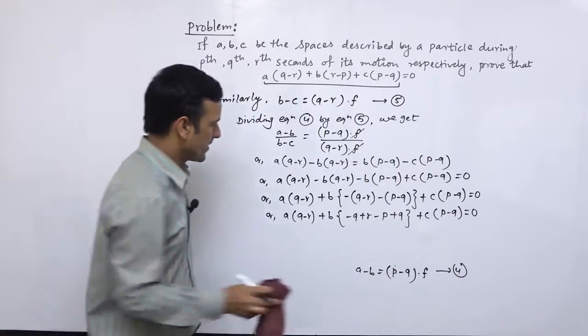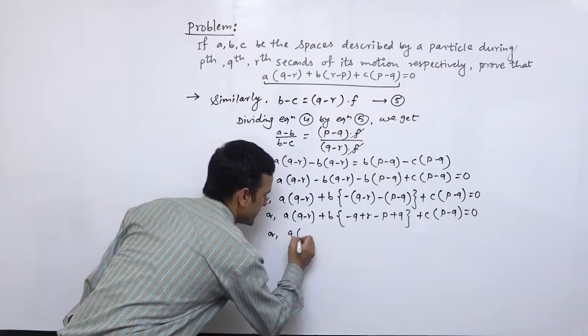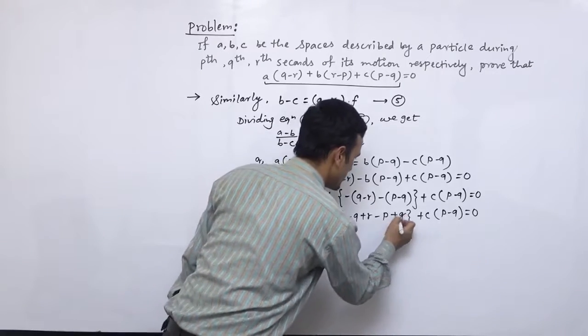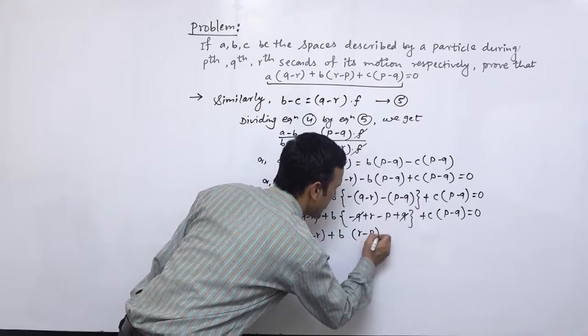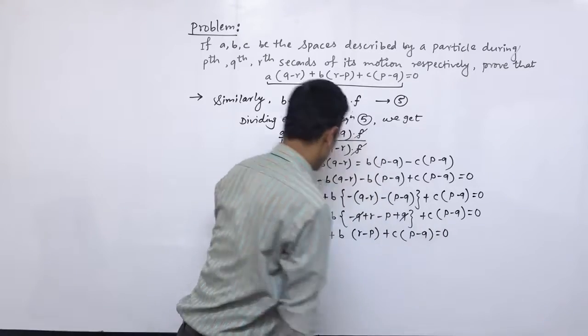So if you solve it, then we get A times Q minus R plus B times, here is Q and Q cancelled, and the remaining term is R minus P, and C times P minus Q is equal to 0.